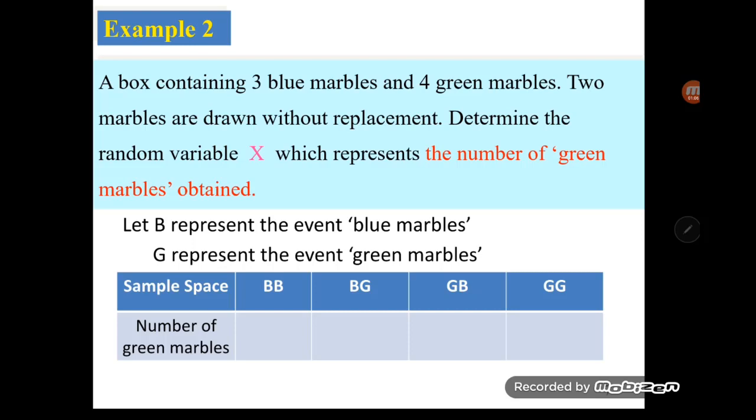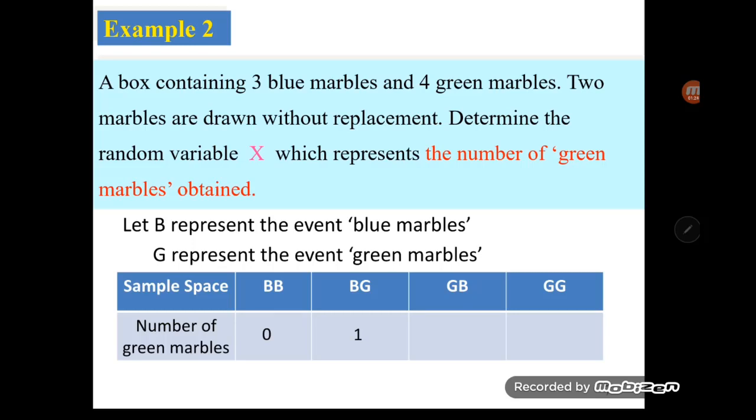For blue and blue, the number of green marbles is 0, which is no green marbles. For the second possibility, blue and green, the number of green marbles is 1.